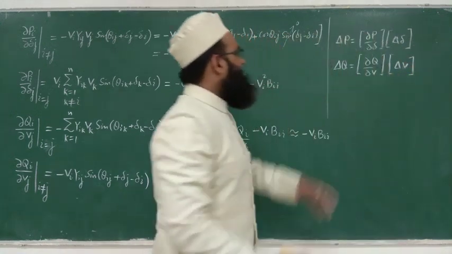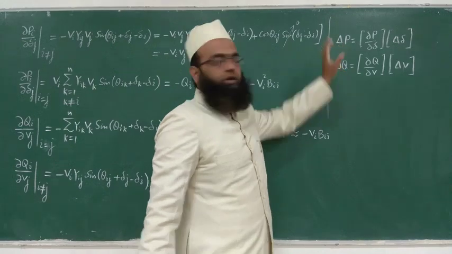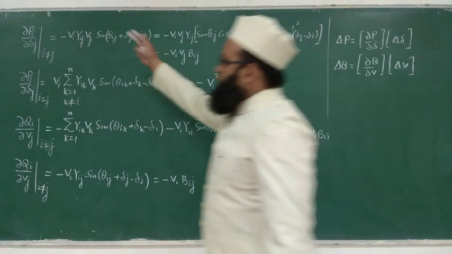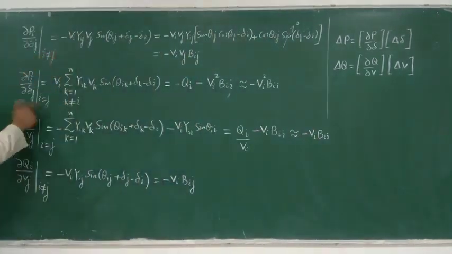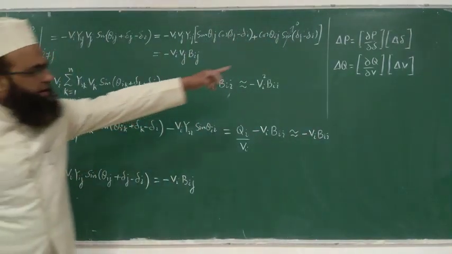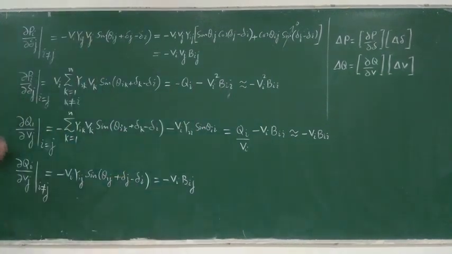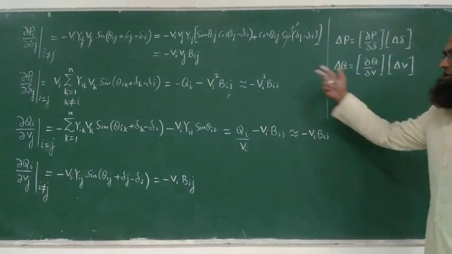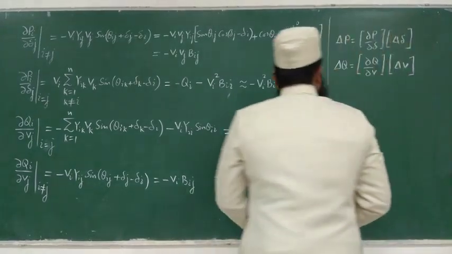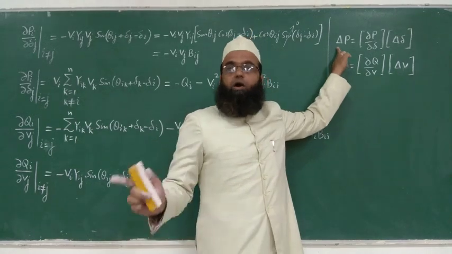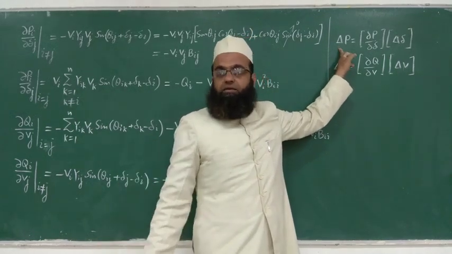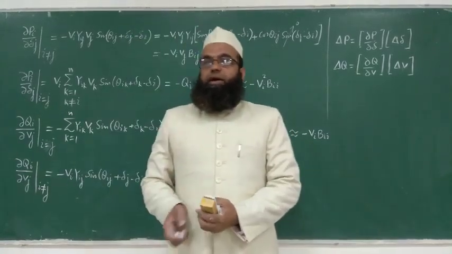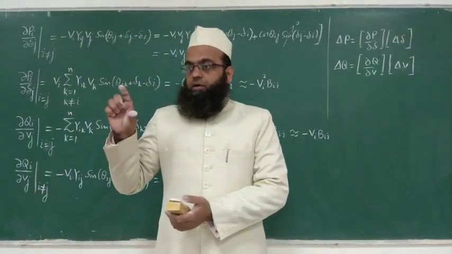From decoupled load flow, we already have these two relationships. And we see del P upon del delta for the two cases, whether i is not equal to j or equal to j, and similarly del Q upon del V for the two cases, we have simplified versions of these equations. So what is this del P? A column vector. What will be its dimension? The dimension depends upon the number of specified P in the system.